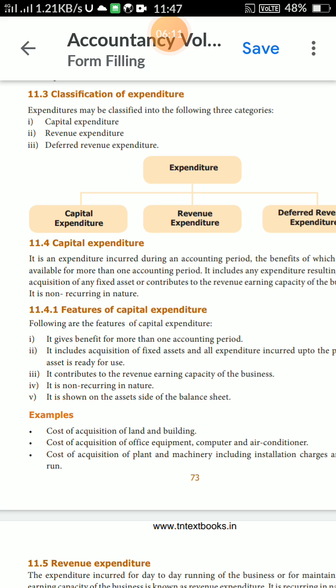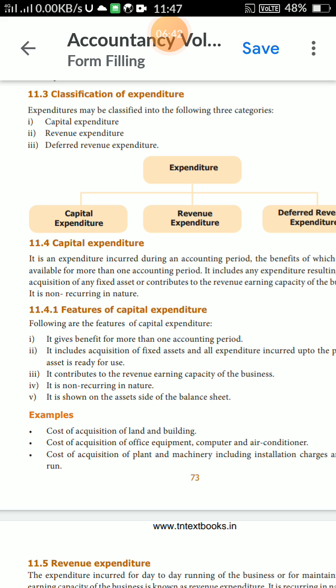Features of capital expenditure. It gives benefit for more than one accounting period. It includes acquisition of fixed assets and all expenditure incurred up to the point an asset is ready for use. It contributes to the revenue earning capacity of the business.